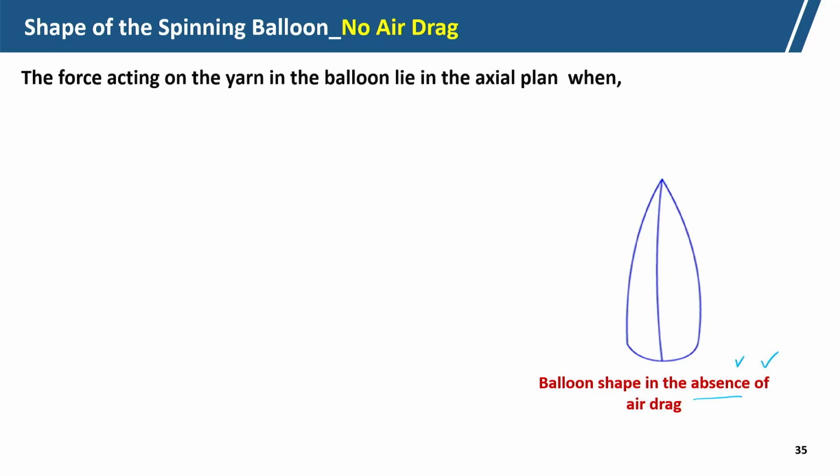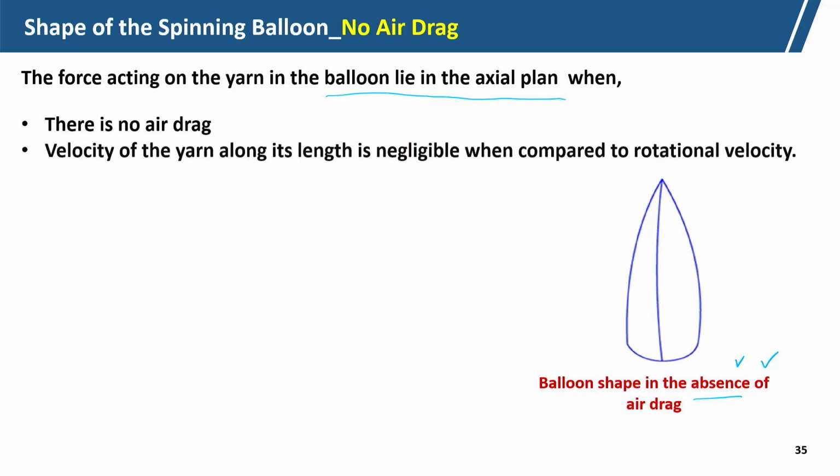The force acting on the yarn in the balloon lies in the axial plane when there is no air drag. The velocity of the yarn along its length is negligible when compared to the rotational velocity. That means in that case the forces on the yarn lie on the axial plane.